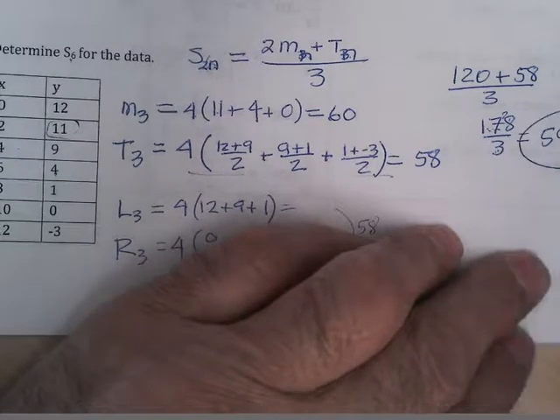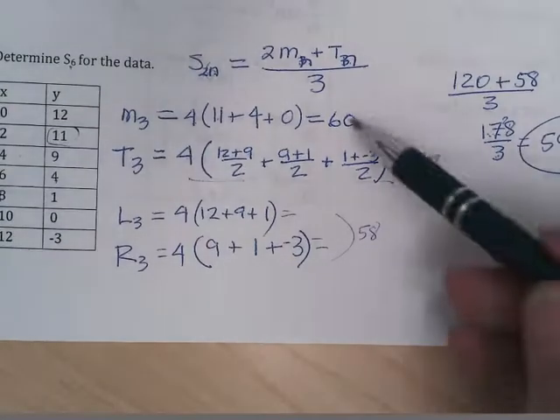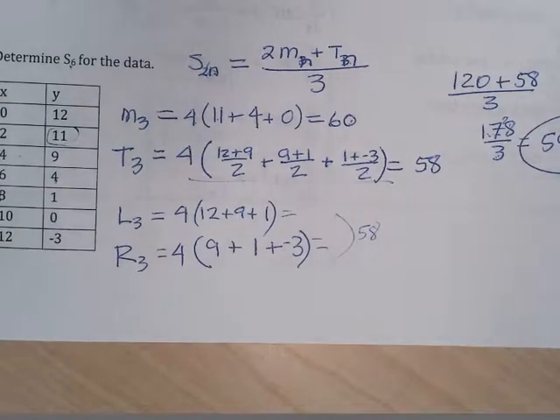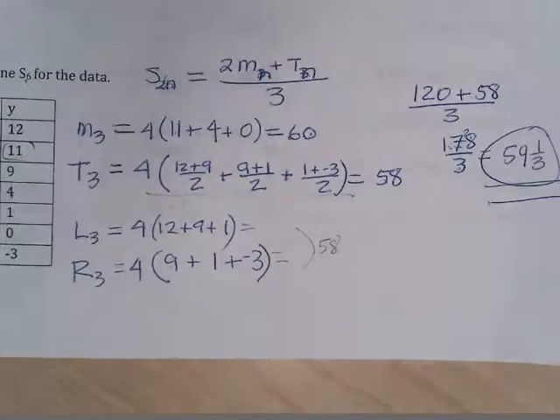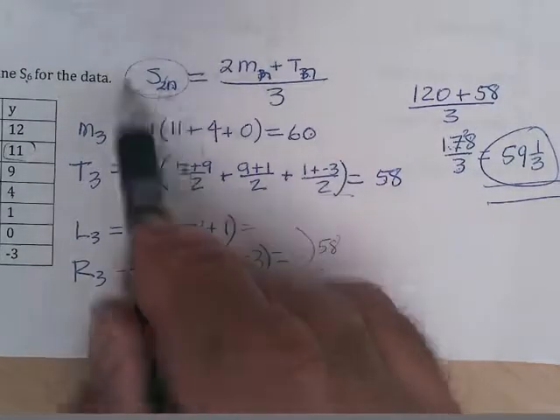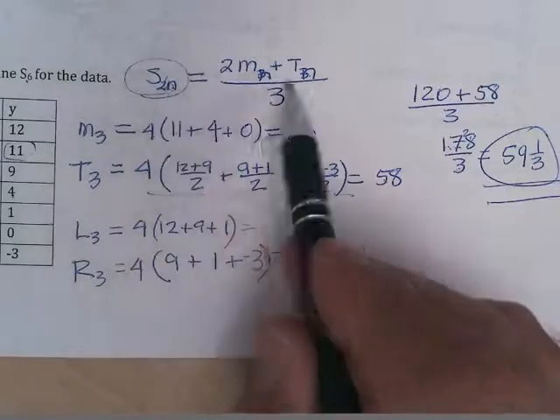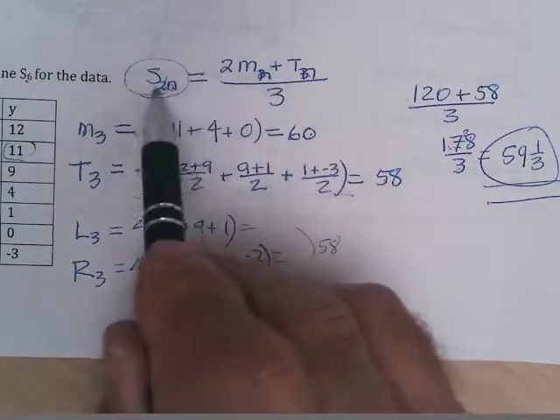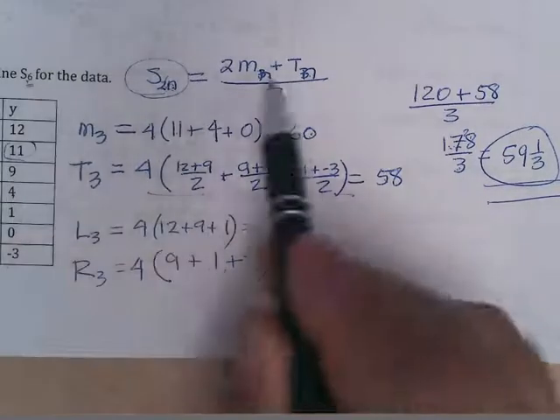So 59 and 1/3. It's in between these two, closer to the midpoint than to the trapezoidal. And that's how you do Simpson of 2n. These two have to be the same, and half of what that is. And that was 6, so those have to be 3's.